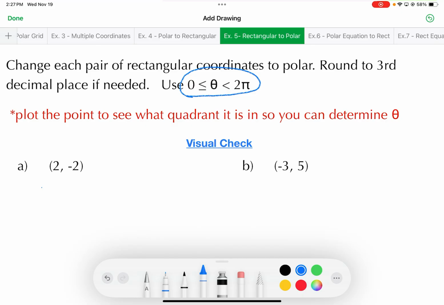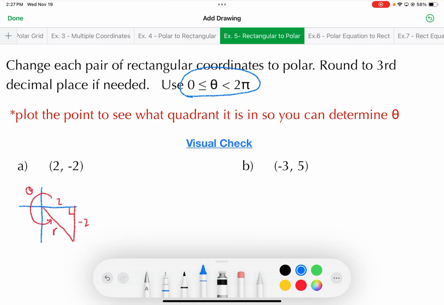So if I plot 2, negative 2, that's going to put me in the 4th quadrant, right? X is 2, Y is negative 2. This is the angle that I'm after, theta, expressed positively, and I want my R value.